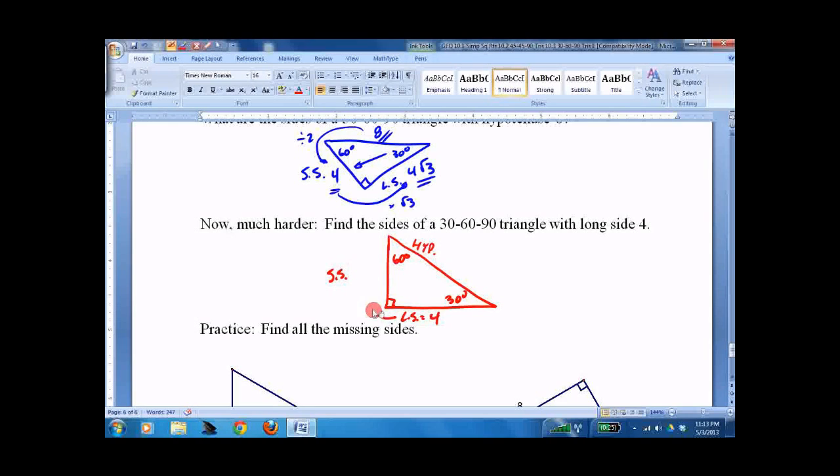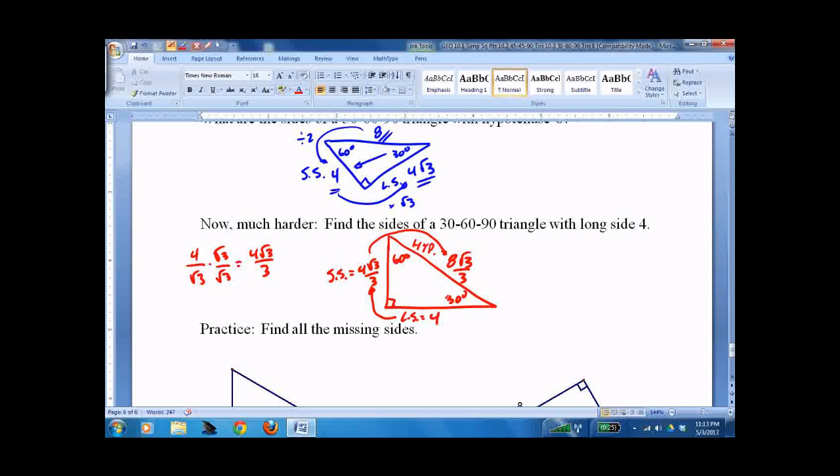To get from long side to short side, divide by root 3. So I'm going to do that out here. Uh-oh, can't have a radical on the bottom. 4 root 3 over 3. To get from there to the hypotenuse, we double it. So multiplying by 2, 8 root 3 over 3.